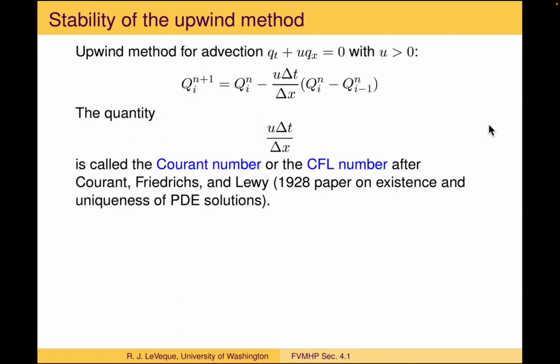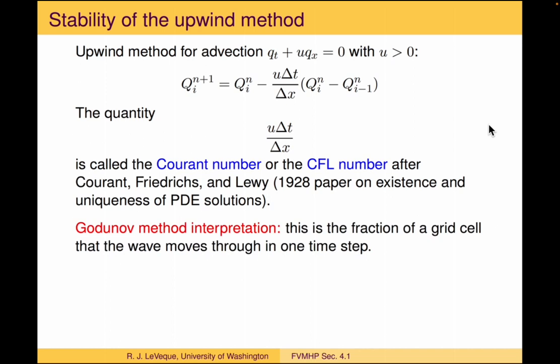So they basically did the convergence proof for a numerical method, even though in 1928 there were no computers around, so people were not really using numerical methods for partial differential equations at all. So it was a numerical method for a theoretical result. But it was a very important, influential paper in the study of numerical methods and stability that was recognized much later when people started trying to do computing, that this ratio was crucially important for stability of even the simple advection equation.